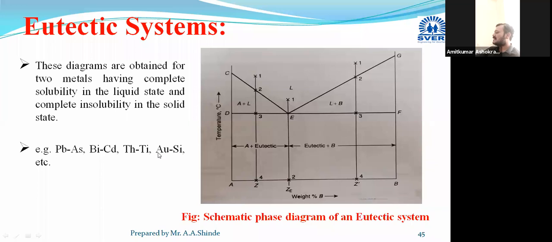Au is gold and Si is silicon. Ag is the symbol for silver and Au is for gold. So these are some examples of alloys which show the eutectic phase diagram.